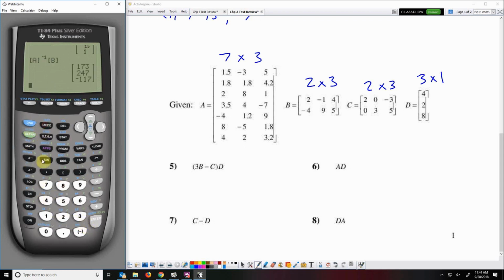Okay, and now I will quit, get back to my home screen, and just start typing these things in as they appear. So open parentheses, 3 times matrix B, second matrix 2, minus matrix C, second matrix 3, close parentheses, times matrix 4, second matrix 4 for D. Okay, so I get a matrix like this, 130, 80.